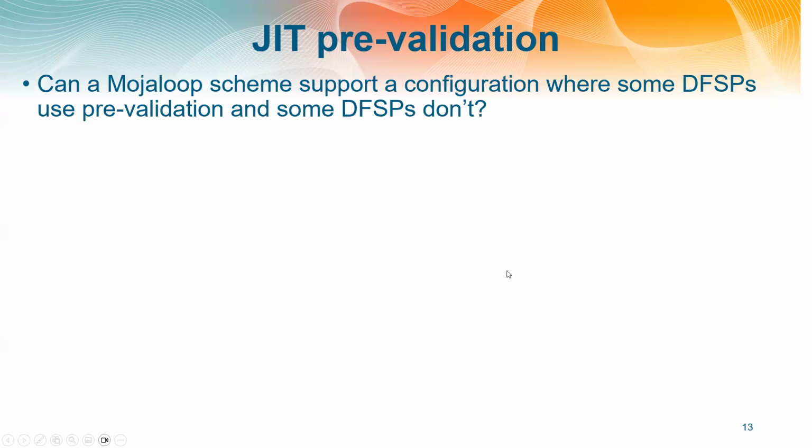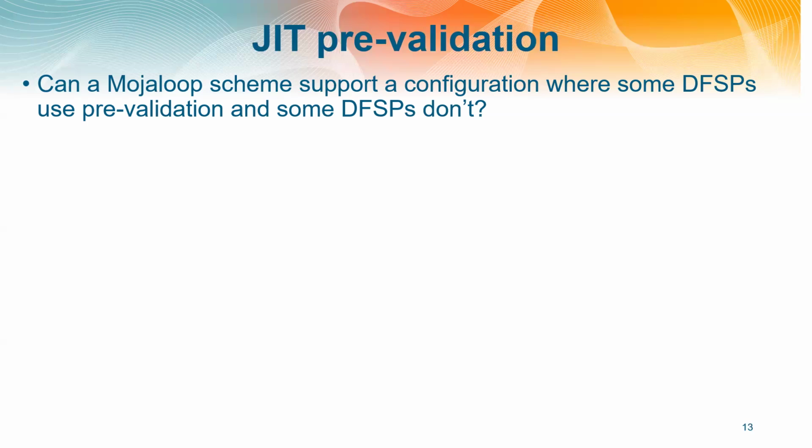First question, can a Mojaloop scheme support a configuration where some DFSPs use pre-validation and some don't? My answer is yes and no, unfortunately. It can support a configuration where some DFSPs support pre-validation but don't use it, and other DFSPs do use pre-validation.